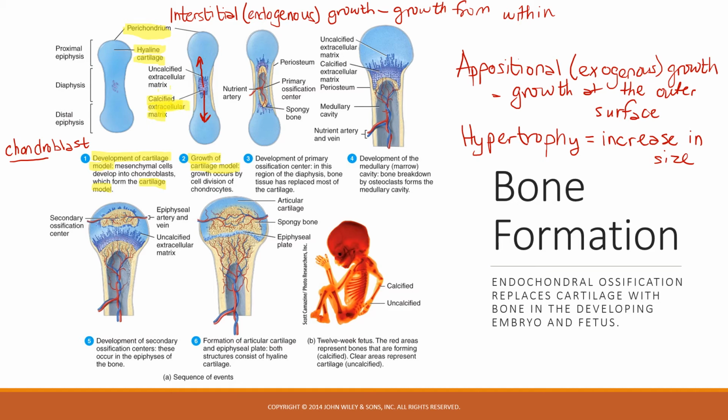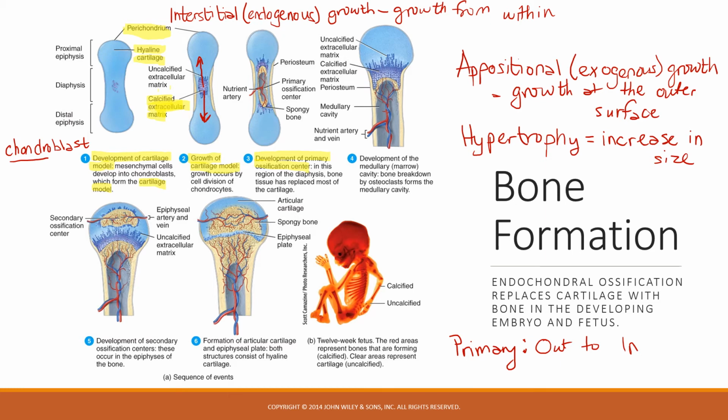The third step is going to be development of a primary ossification center. So this is important. Primary ossification proceeds inward from the external surface of bone. So primary ossification is going to go from the outside surface in.